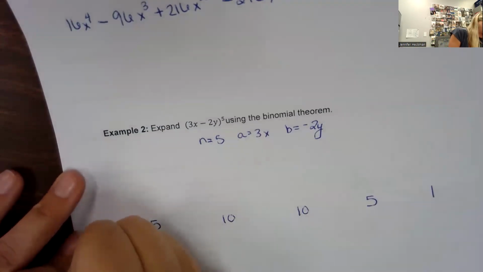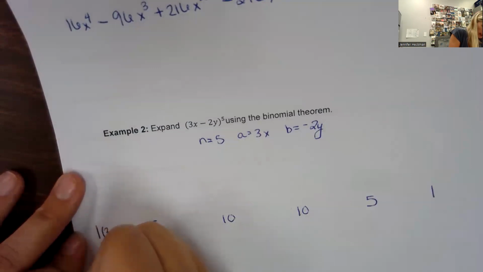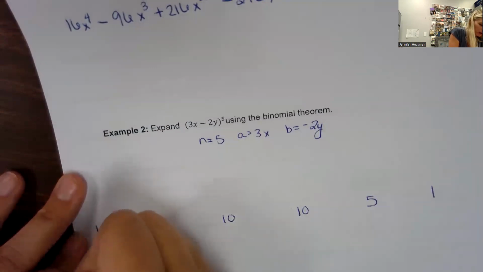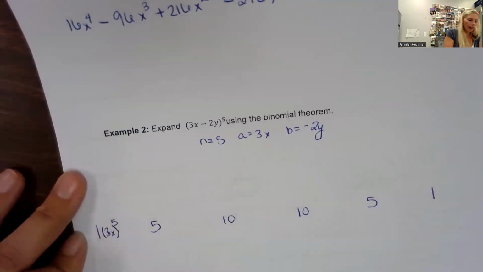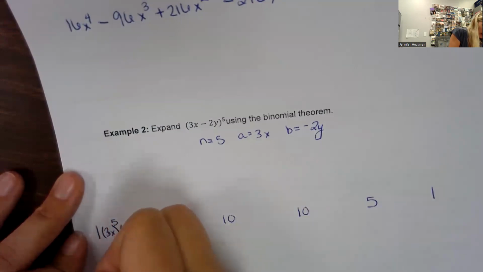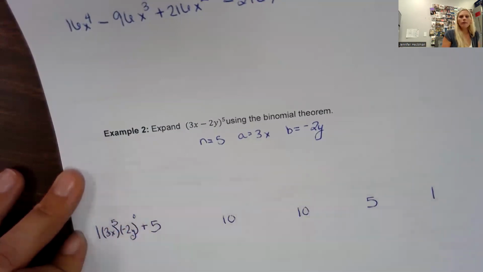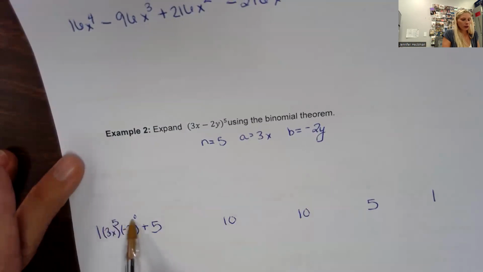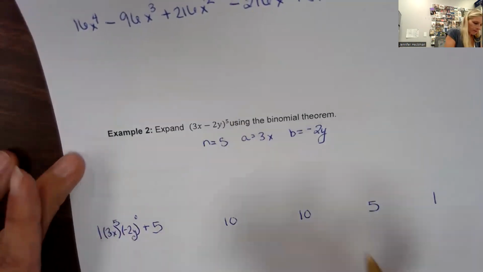Okay, so first one, we have to have our A term, which is 3x, and we're doing it to the highest exponent, which in this case is 5. And then we have our B term, and that's going to start out, remember, at 0. Remember, those exponents should add to the original.